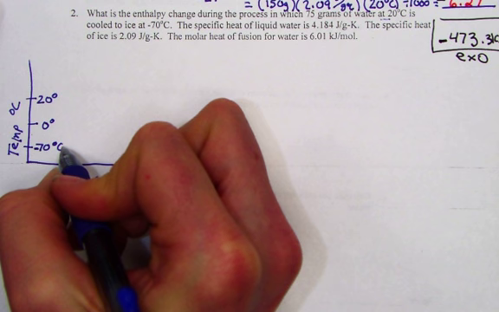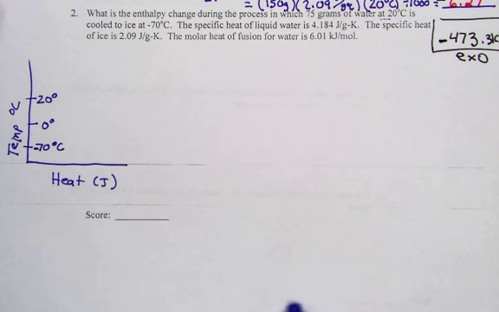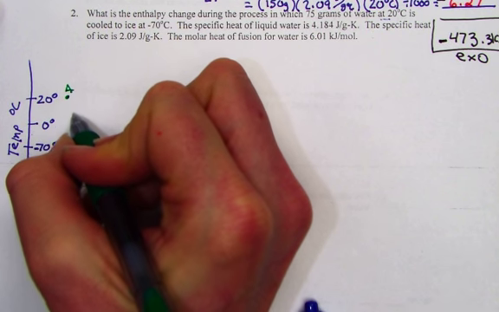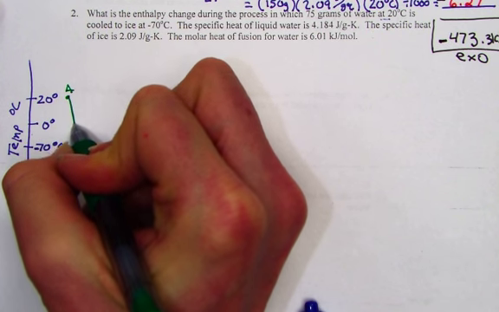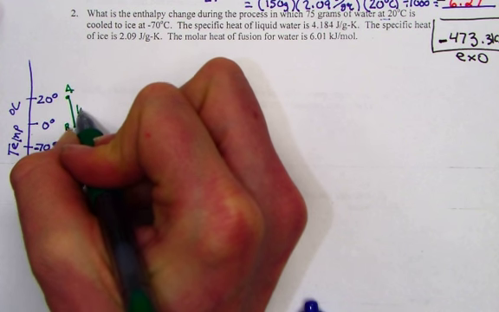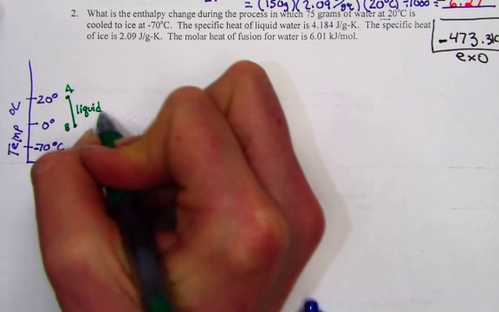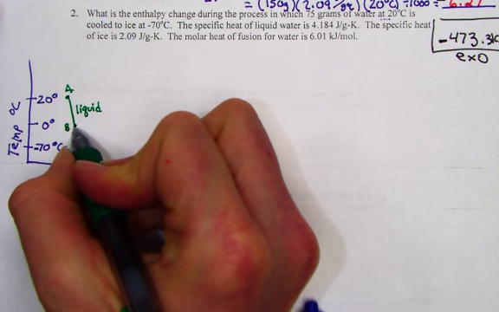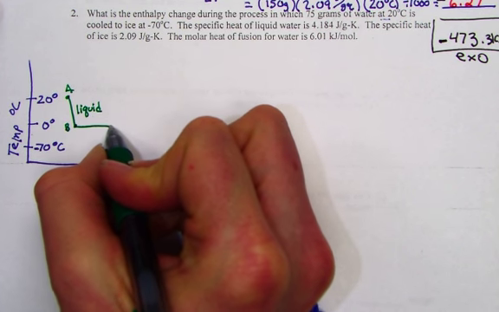To think about the journey of this problem, we will start with point A at positive 20 and cool it until it reaches 0 degrees. The line segment AB represents a liquid that is being cooled. At point B, we're now 100% in the liquid phase.